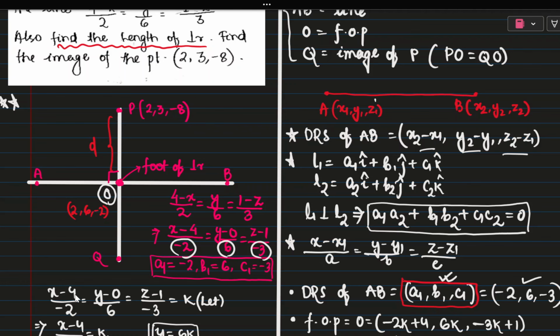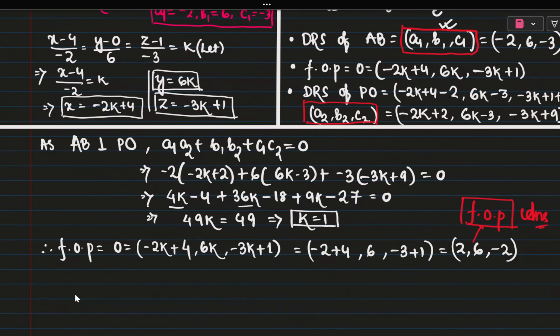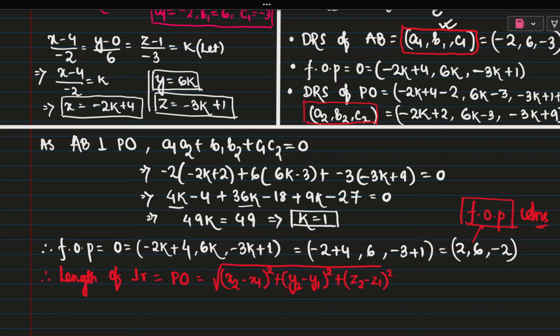Therefore the length of the perpendicular, that is P to O, will be given by the square root of x2 minus x1 squared plus y2 minus y1 squared plus z2 minus z1 squared, because distance will be a square root quantity, that is positive.